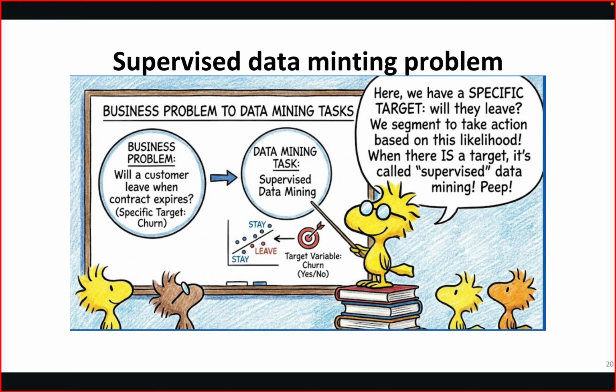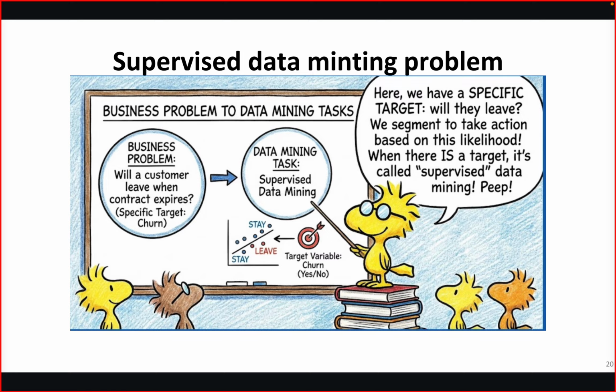Now, this is an example of supervised learning, right? This time, this character is called Woodstock. Woodstock tells you about supervised learning with a target value, for example churn. Customer churn means the customer leaves; they stop doing business with us. Or when we say employee churn, it means people leave the company and are not staying.